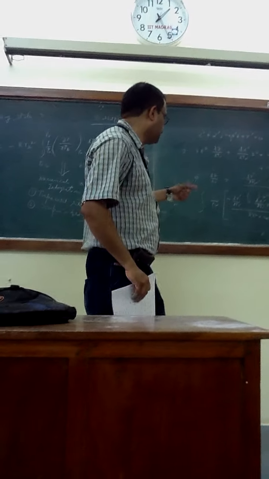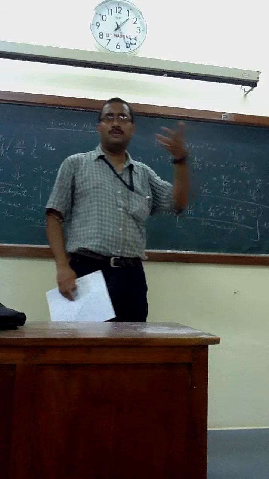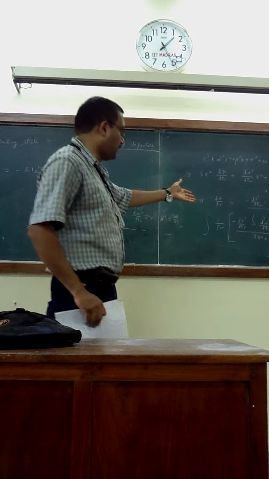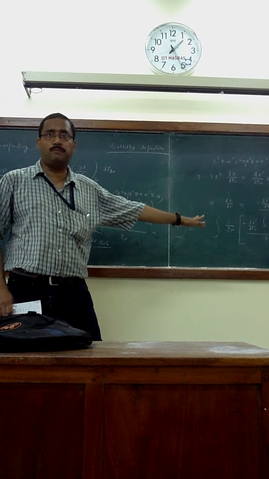Alpha prime is what? You can put alpha prime, beta prime, gamma prime. I just want to show how complex it is.